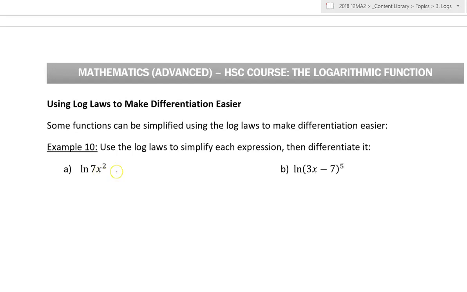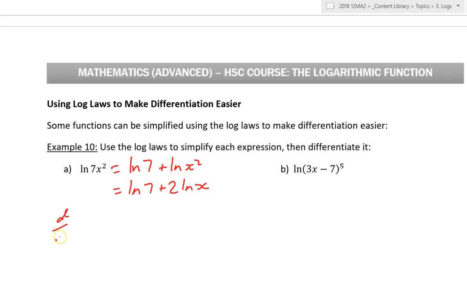In this case, this is the same as the log of 7 plus the log of x squared, which equals the log of 7 plus 2 log x. That's how our log laws work.